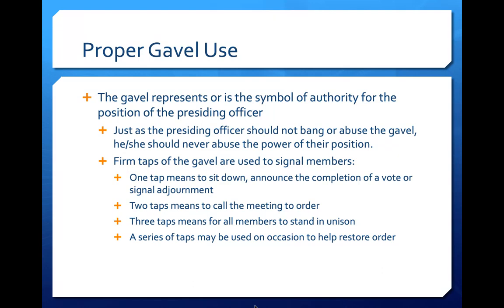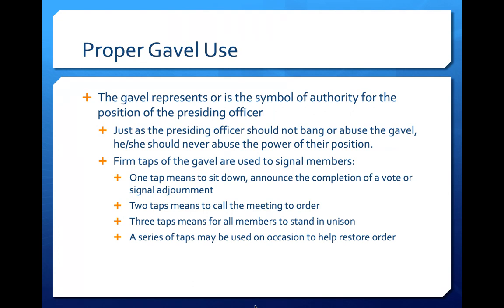The gavel should be used before or when you're telling the group to sit down. So if they're standing and you want them to sit, you tap the gavel once. You do it after a motion is passed or failed, and at the end of the meeting, whenever you get ready to adjourn.